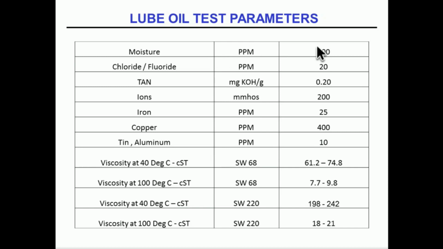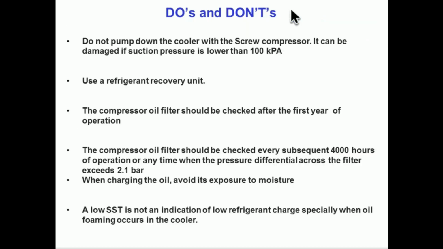Then the oil condition, how much it is diluted and how much lubrication property it can withstand, we can see by the viscosity at both 40-degree and 100-degree levels. So this is a recommendation given here, please go through that. This will also help you to monitor whenever you go for troubleshooting, especially when you have frequent winding failure and frequent compressor failure.